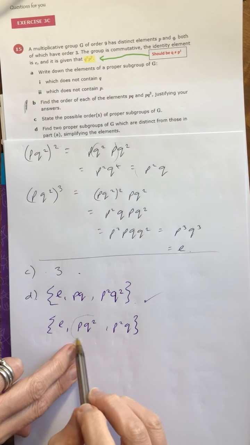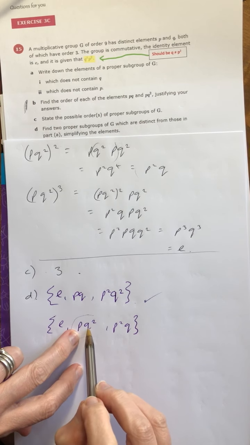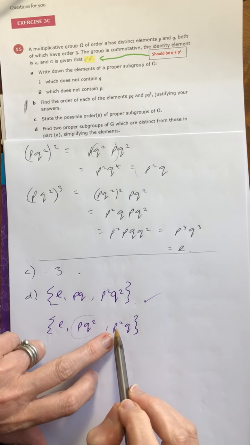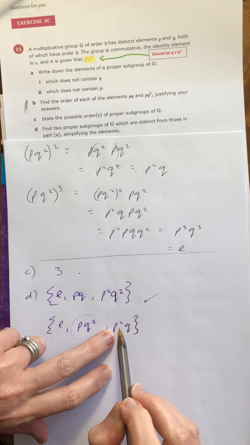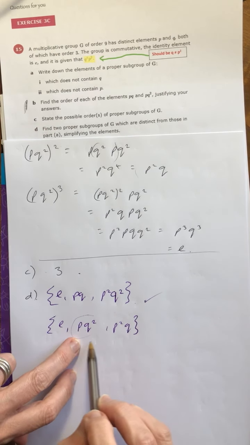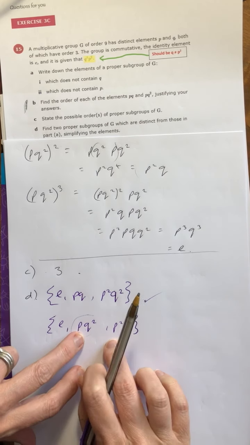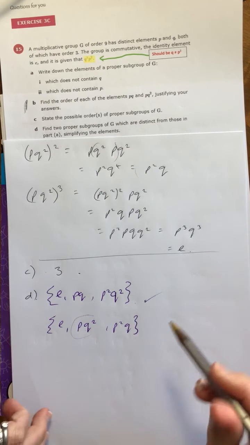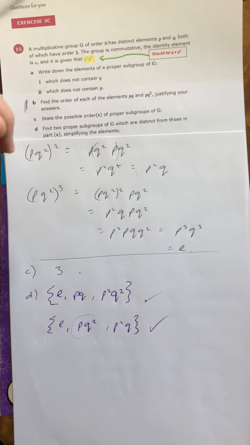I know that multiplying that one by itself will get P squared Q to the power 4, which is equal to that. I know that that multiplied by itself is P to the 4 Q squared, which is that. And of course, multiplying those together gets P cubed Q cubed, which is equal to E. So there's my other one. There could well be more. However, that is all that we need.